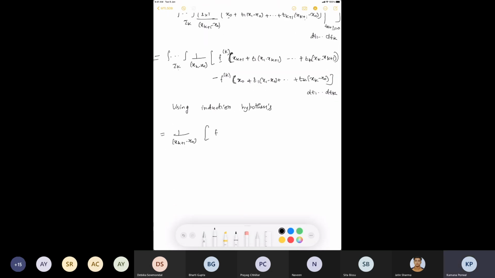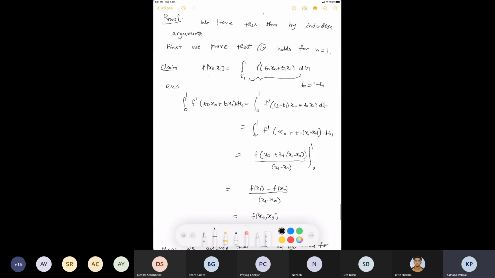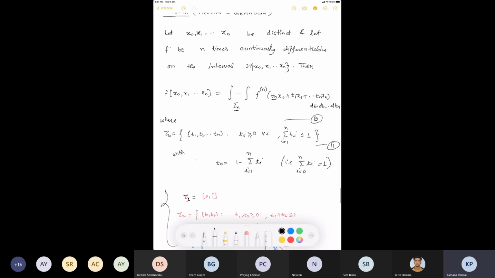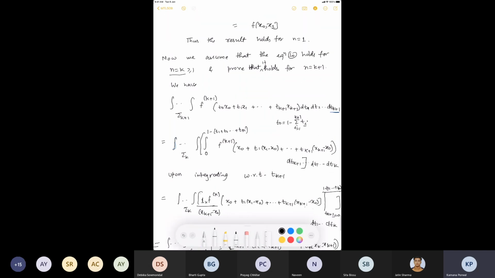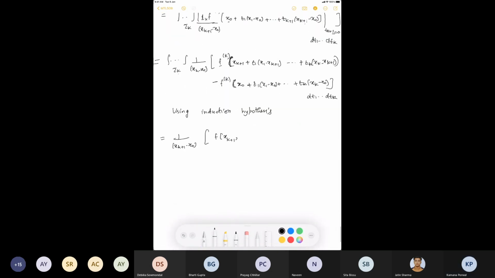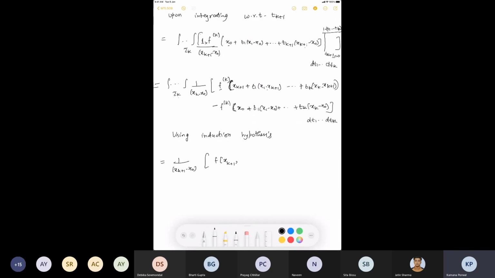So this will be equal to divided difference of f with respect to the, so I will start with the index xk plus 1, and see, you have to see what you have to have in this form, right? So I'm considering f of x naught x1 up to xn. This is nothing but, if you see in the argument, I just have t naught times x naught plus t1 times x1 up to tn times xn, right? So I just have to see what are the arguments I'm having here. So note that I'm going to combine all the xk plus 1 terms, right?